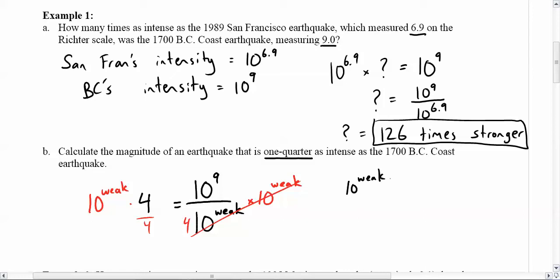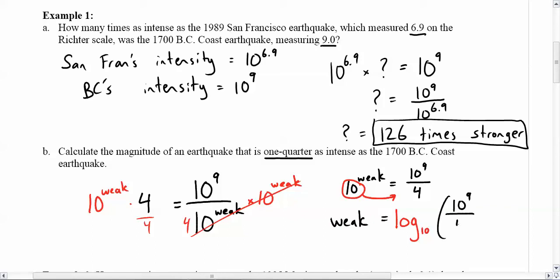So 10 to the power of the weak earthquake is 10 to the 9 divided by 4. And do you know how you can move that 10 to the other side? Make it the base of a logarithm. And then we'll have the weak earthquake all by itself. Everything goes on the inside of the log.